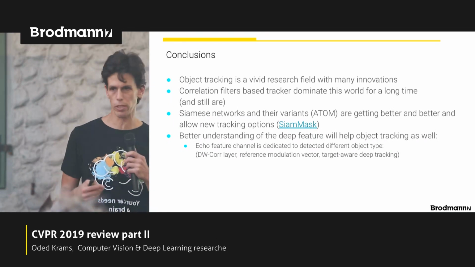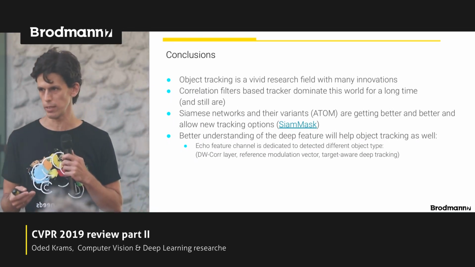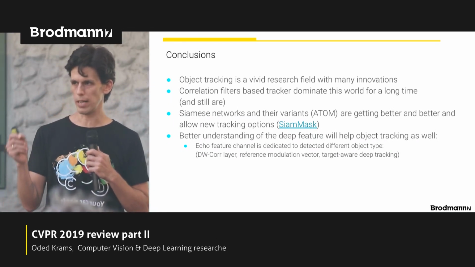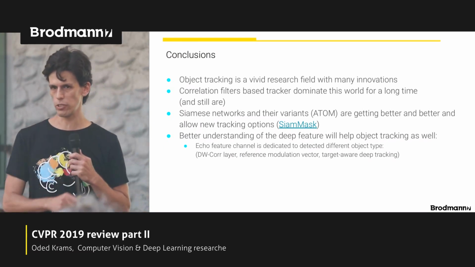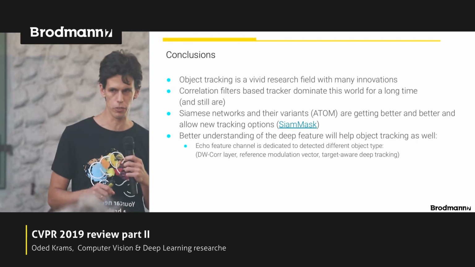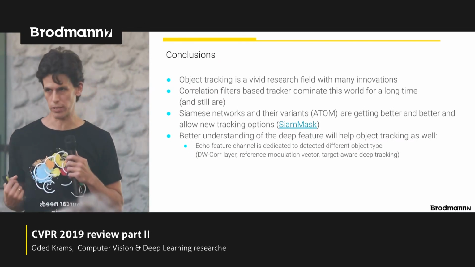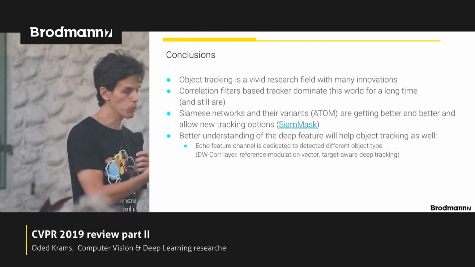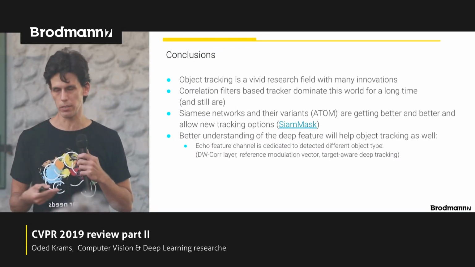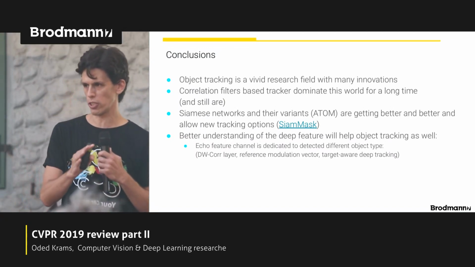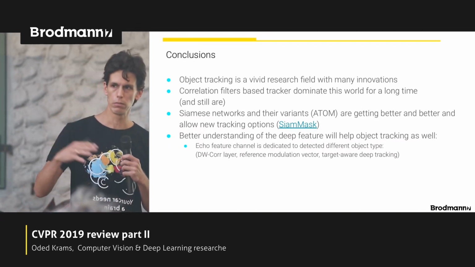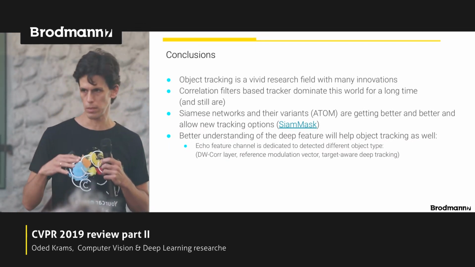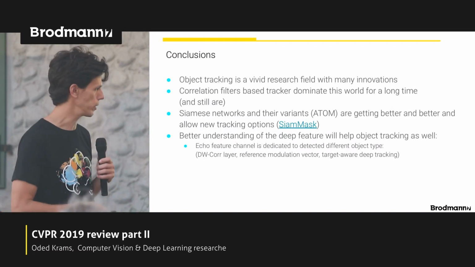The reference modulation vector in the ATOM tracker basically applies a weight for each channel in the feature map using the reference frame. And the target-aware deep tracking, which is its main innovation, chooses which channel to track according to the object type. So they all use basically the same technique, but in a different way.